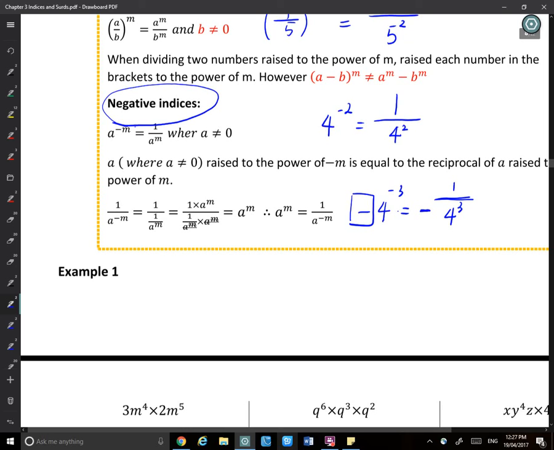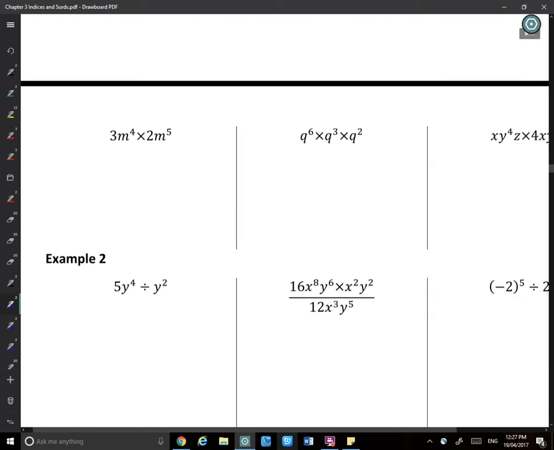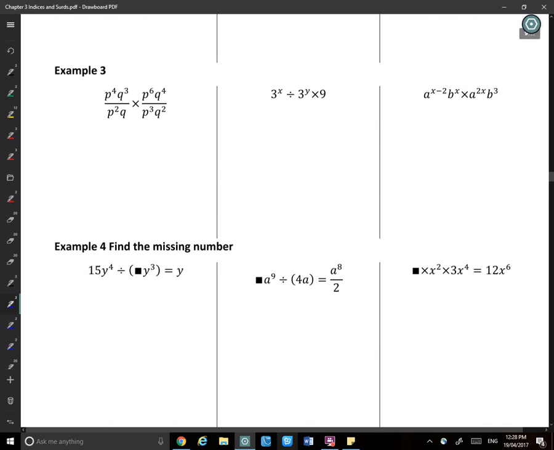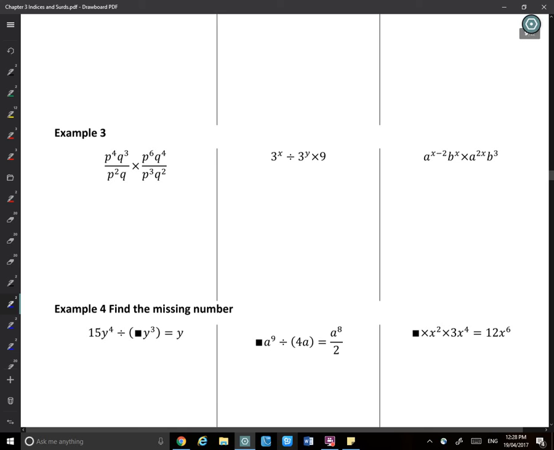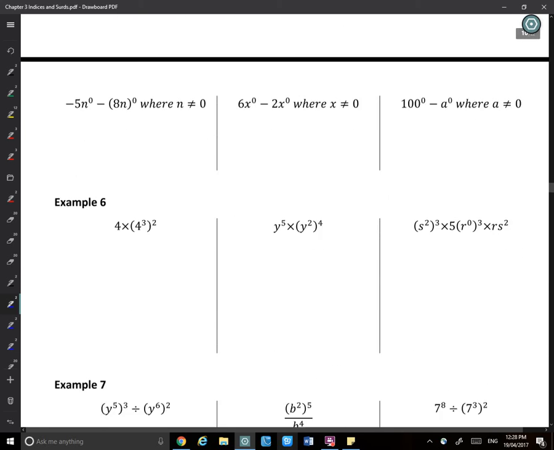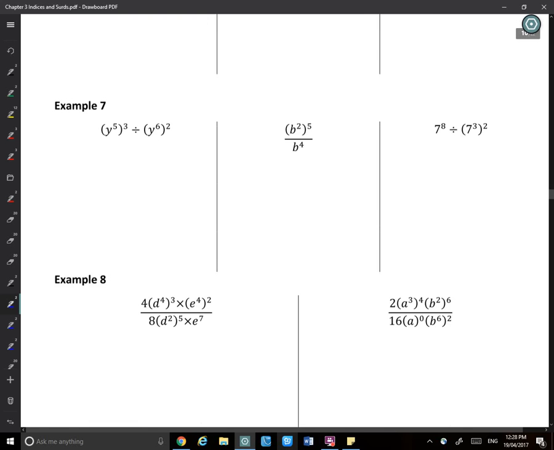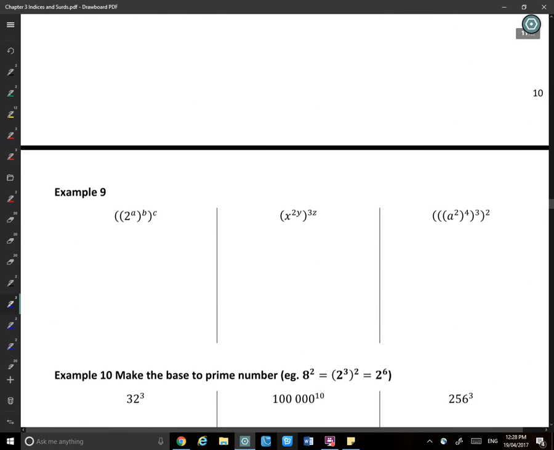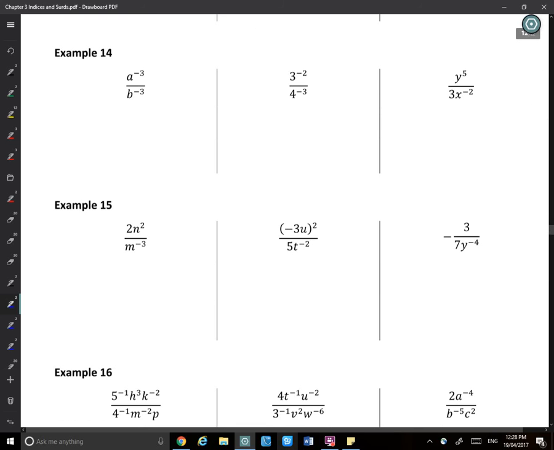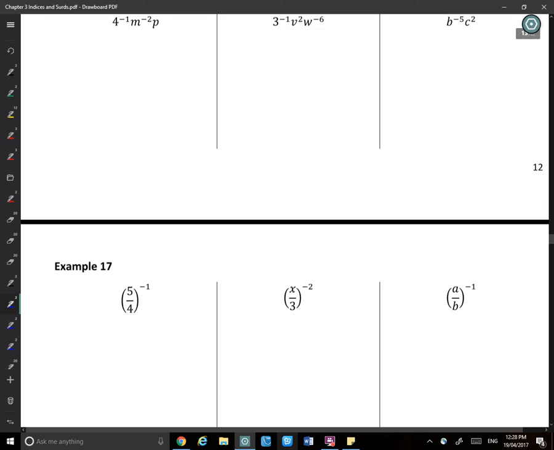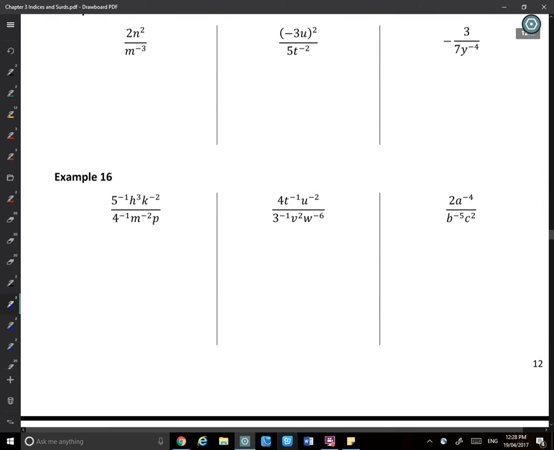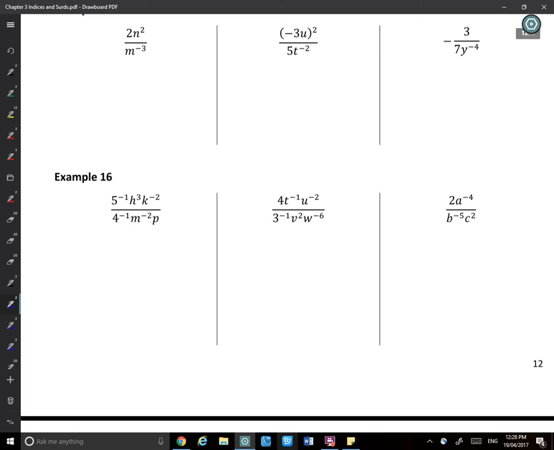Okay, so that is negative indices. And we have examples below here, but I'm not going to go through every single one with you. One thing I want you to look at is example 16, which is on page 12.